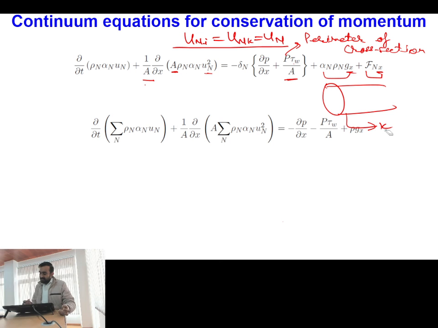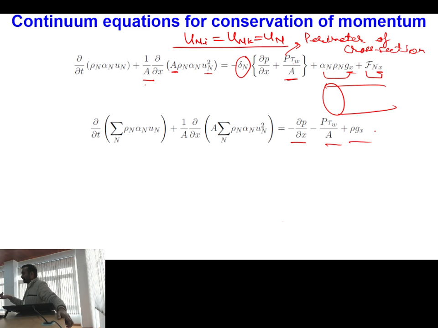And if I do the summation of this, then this will be the summation of these quantities, and this will be my area averaged thing. Of course, when I write this in the summation form, this delta n will go away, because ultimately the continuous phase is already included in the summation, and this interaction term will also become equal to 0. Okay.